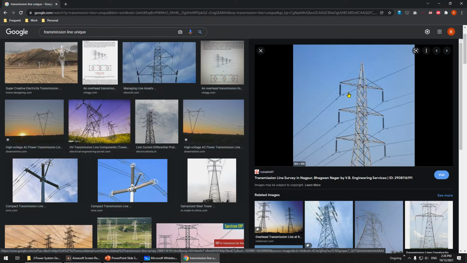So if this transmission line touches the tower here, it will short to the earth, short circuit. That's why it has an insulator here. Basically, between the tower and the transmission line you have the insulator, and between the other parts is the air. The air is the insulator.